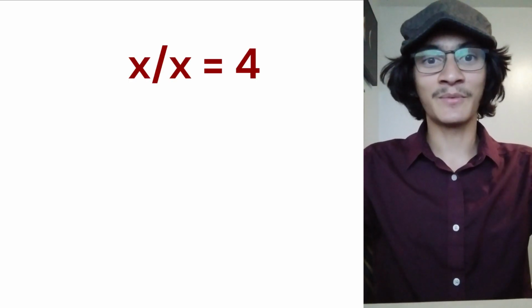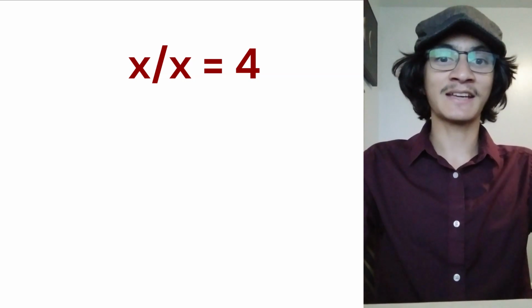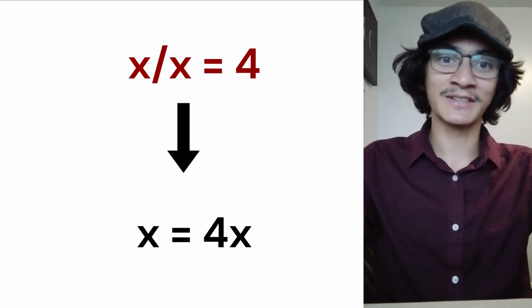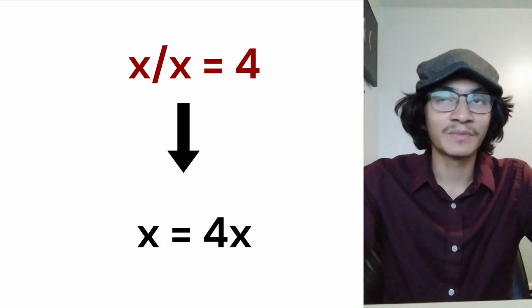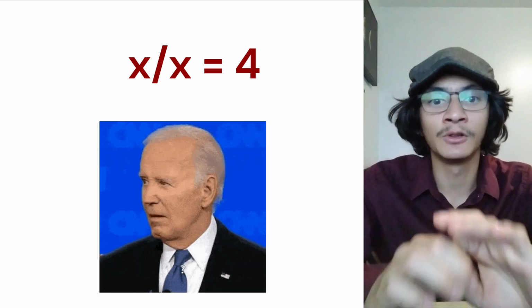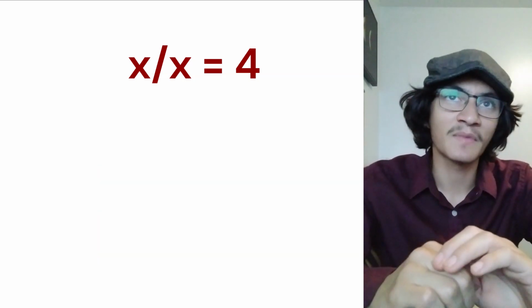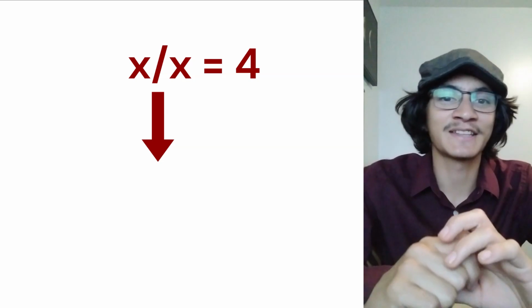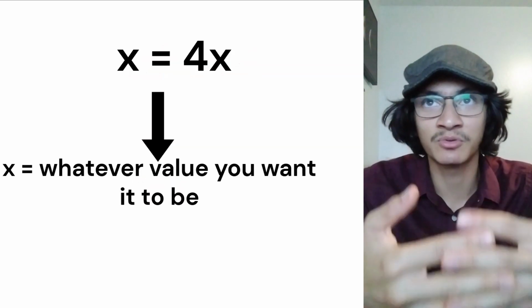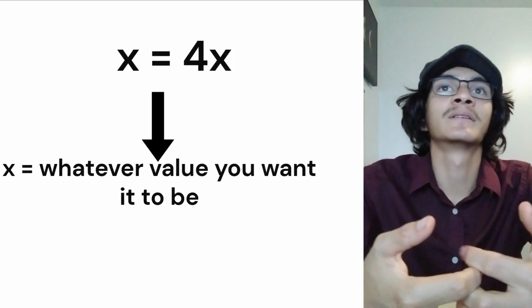What about the second equation? Starting with x over x equals 4, can't we just multiply both sides by x so that it's the same as the first equation, the one with the answer? Yes, however, if it's done incorrectly, you can lose information. X over x tells us that x cannot be 0, and that information isn't present in the second equation.